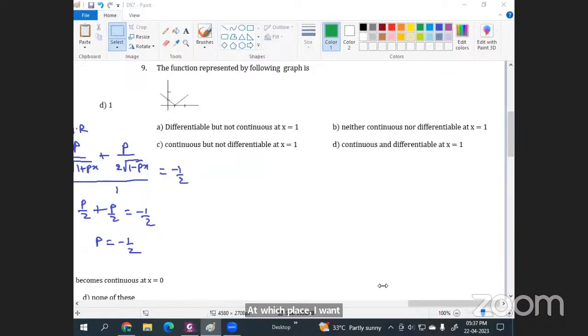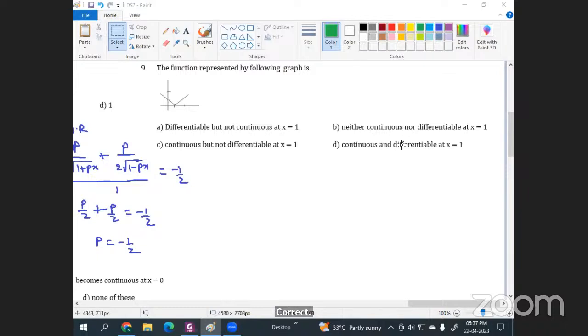Anybody else? Ashwant has given C, Sneha has given C, Harsha has given C. Bhagyasri, how are you? Pratik, correct. Anonymous, C. Sunaina, correct. C, right. We'll check.